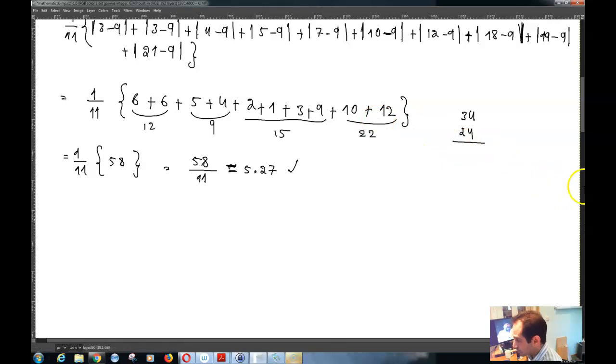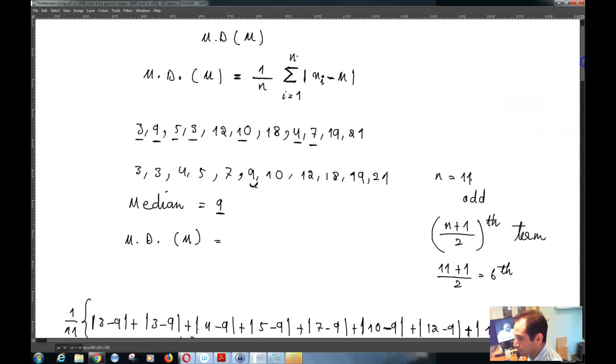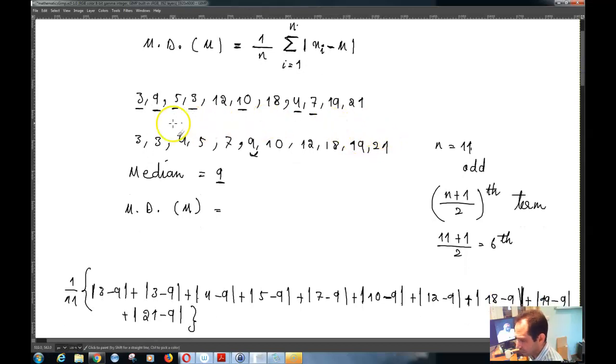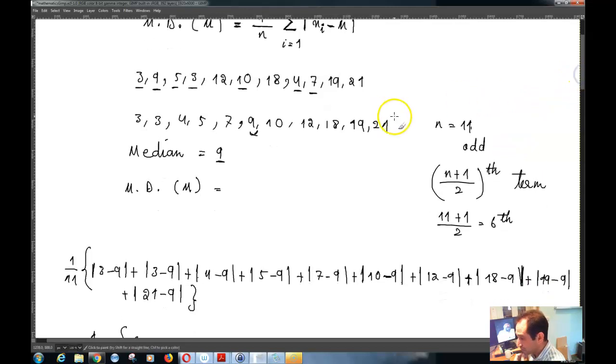Now this was all about ungrouped data, meaning that your data was just some random data that you have collected from somewhere and you have not grouped it. When you group your data, you don't have to take care of each individual observation individually.